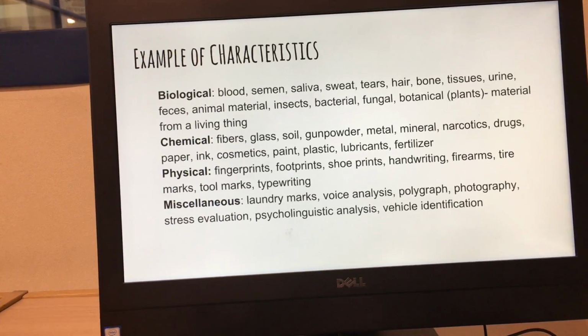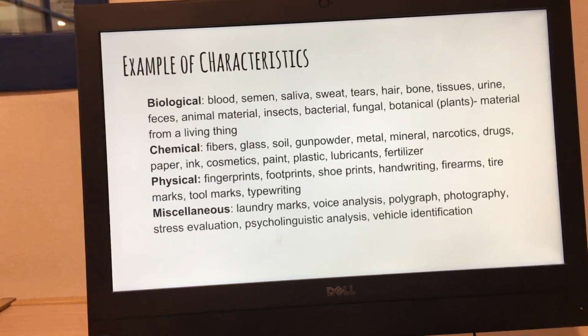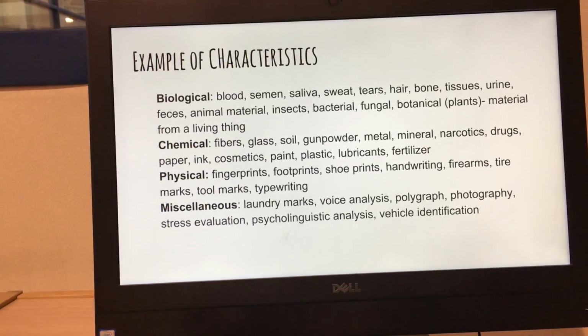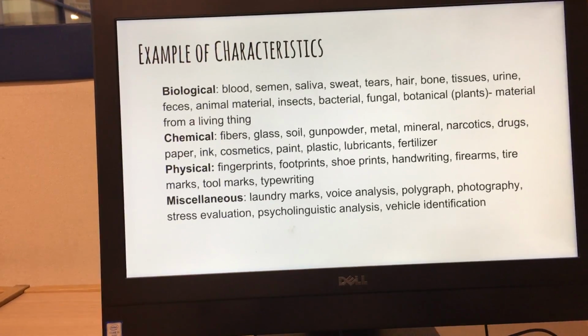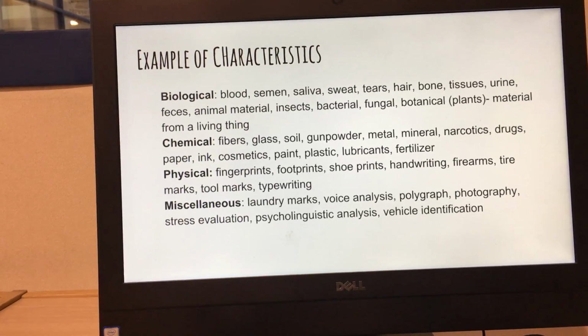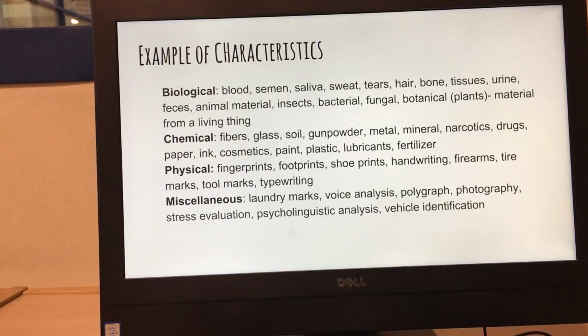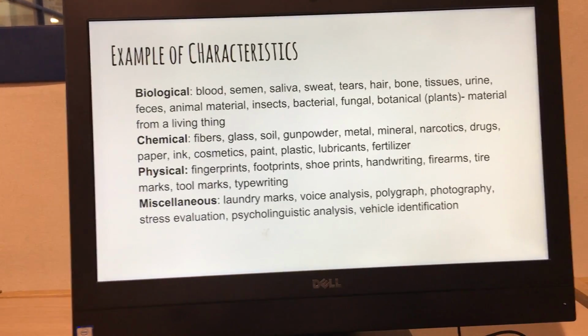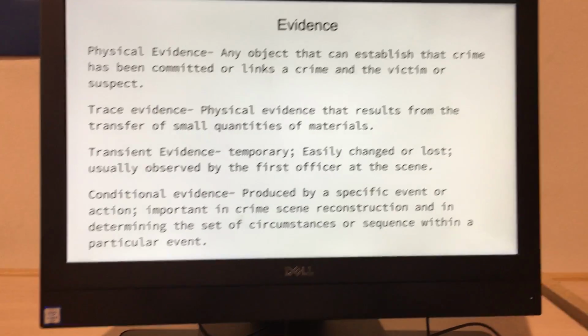Physical evidence such as fingerprints, footprints, shoe prints, handwriting, firearms, tire marks, and tool marks. Then miscellaneous characteristics are laundry marks, voice analysis, polygraph, photography, stress evaluation, and vehicle identification.